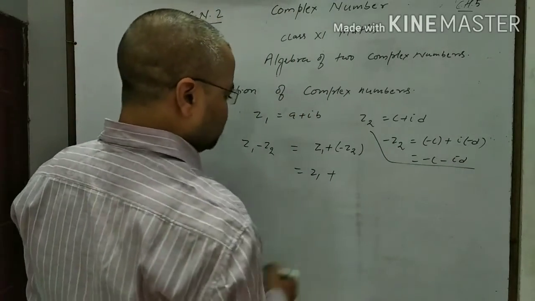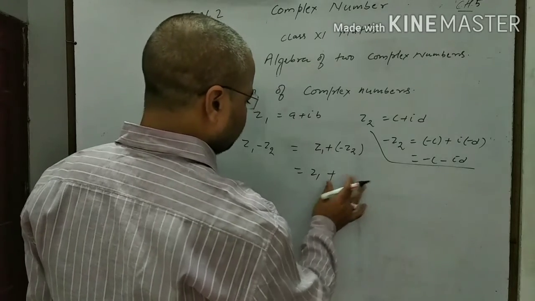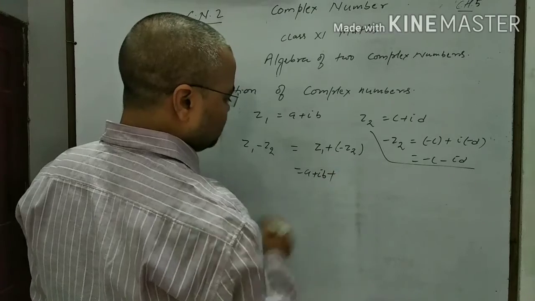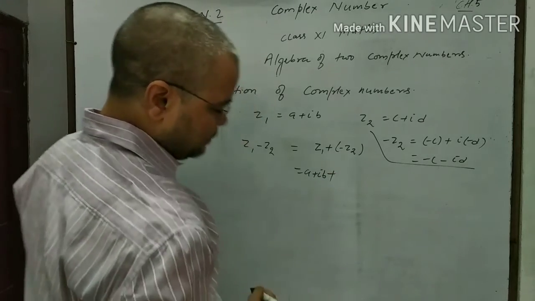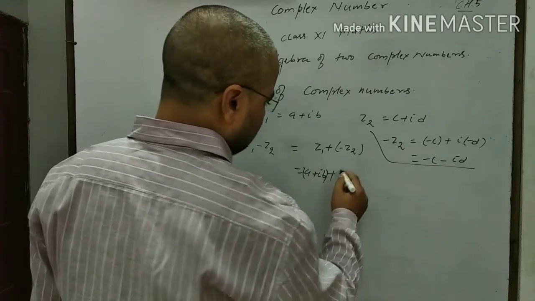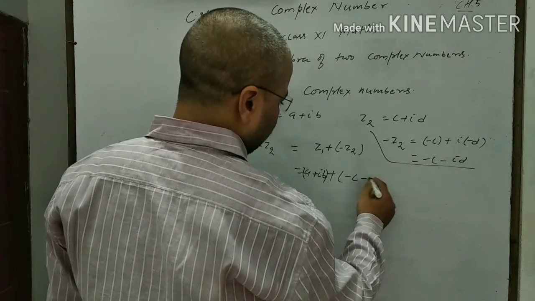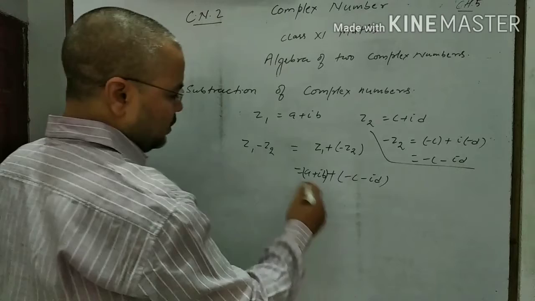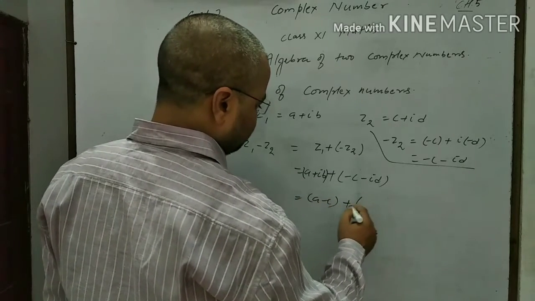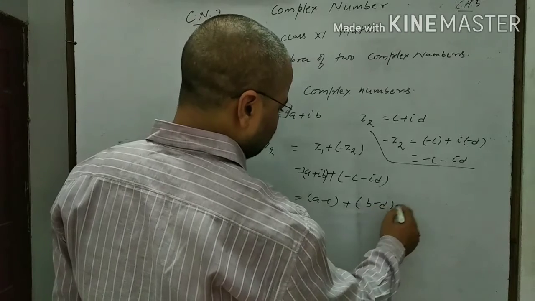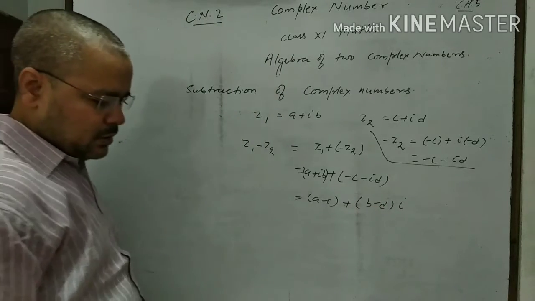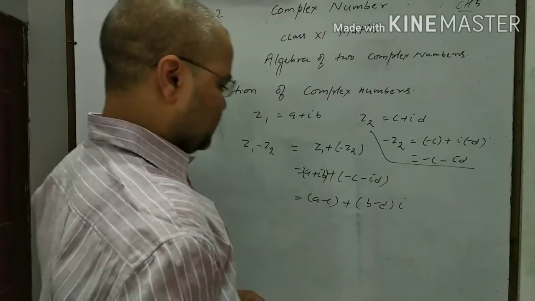So here Z1 is a plus ib, and minus Z2 is minus c minus id. If we add, then we get a minus c plus (b minus d) into i. Like this way, we can subtract two complex numbers.